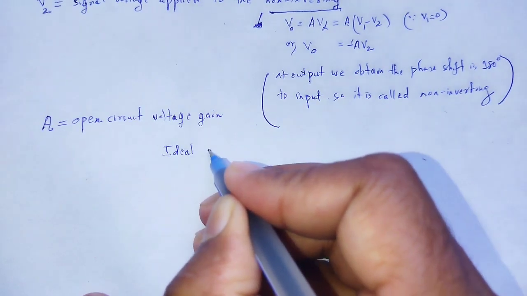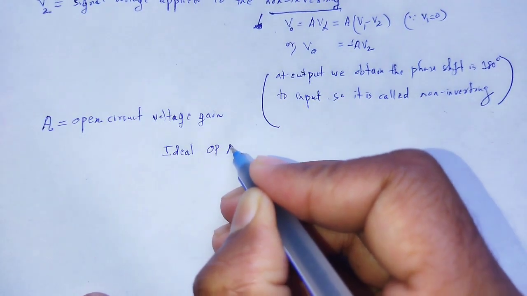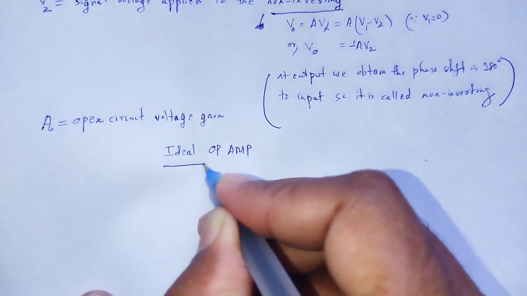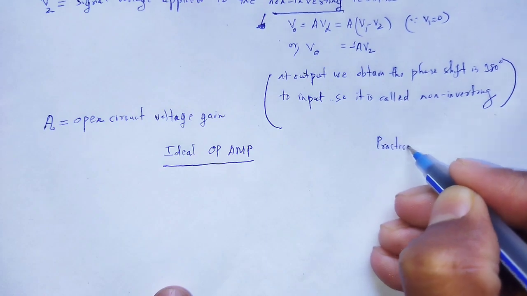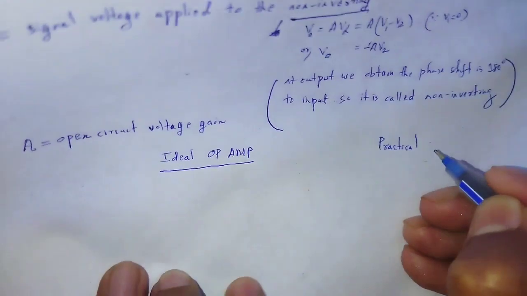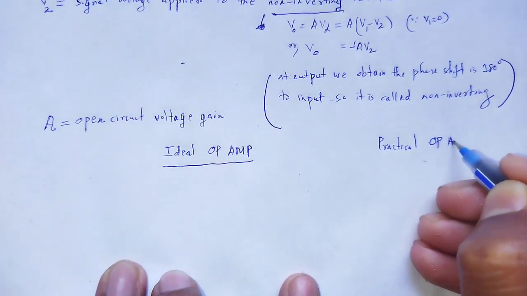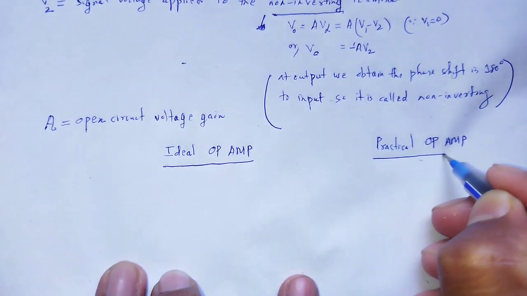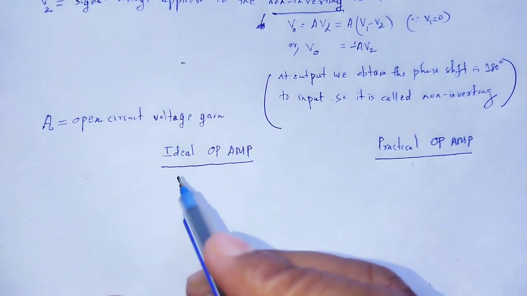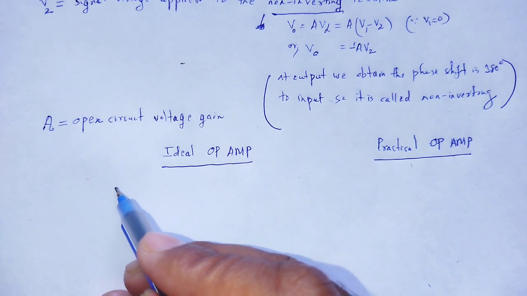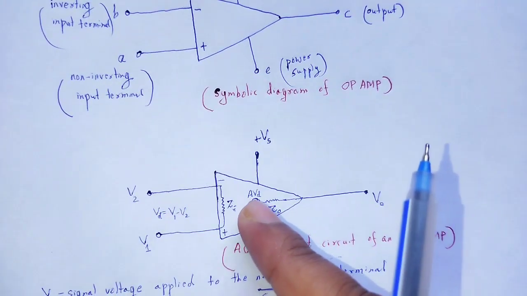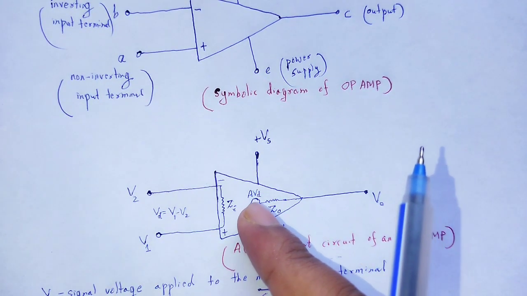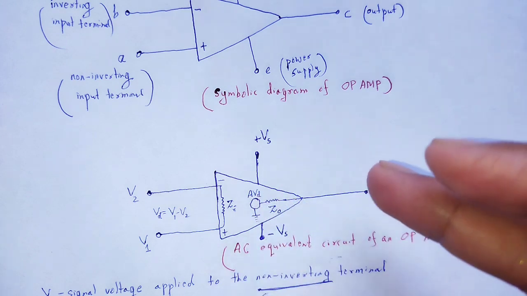For an ideal op-amp, the open circuit voltage gain is infinity.